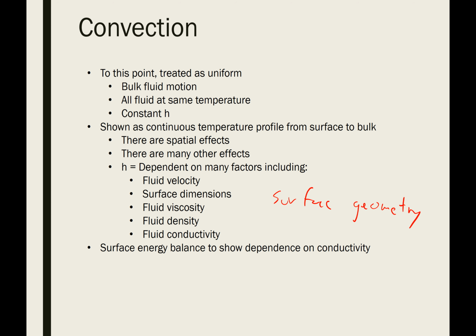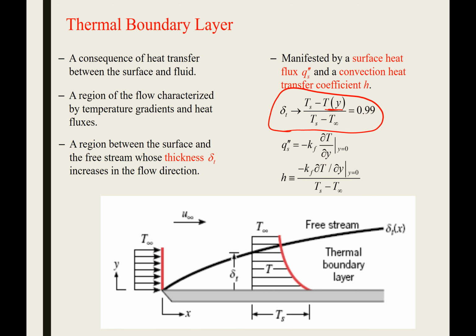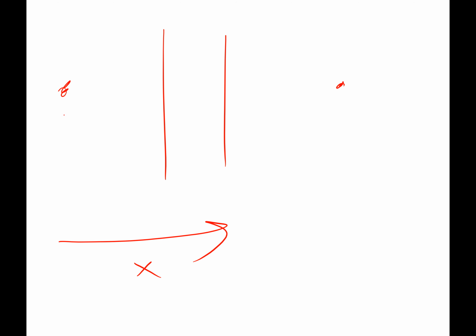A surface energy balance would actually show that the convective coefficient is dependent on the thermal conductivity of the fluid itself. Like in that plane wall system, remember that our flux as a function of x, going from some point in this room to some point in the other room, remains constant.